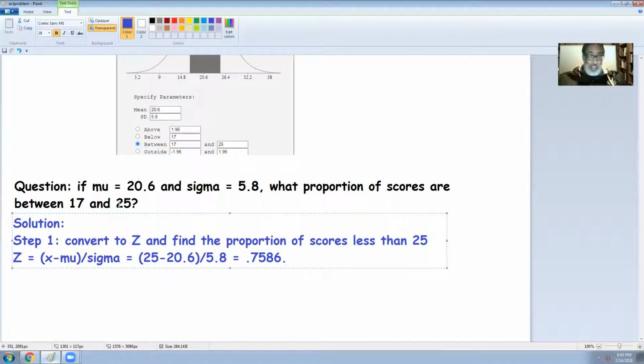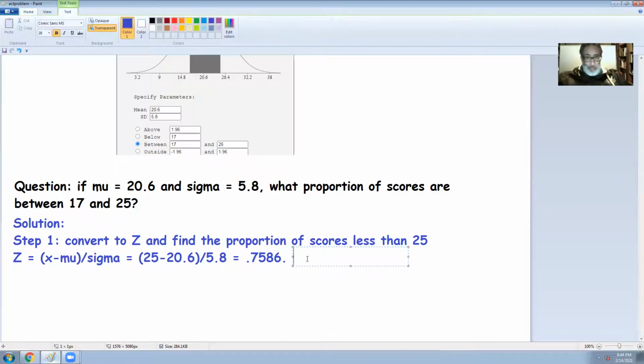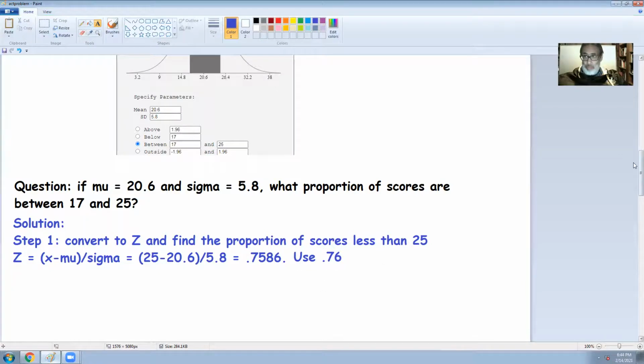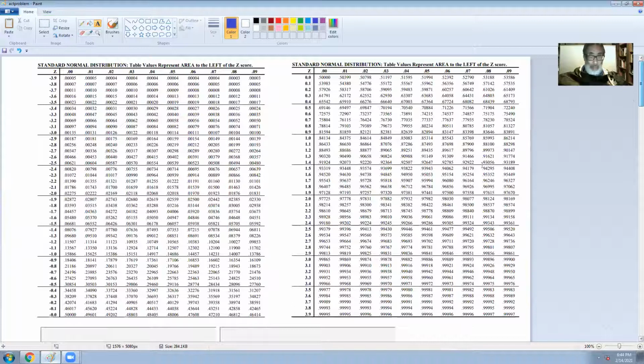All right. Now let's look that up on the normal table. For 0.7586, we'll use 0.76, and let's see what we get there. So we go up to our table, and we want 0.76.